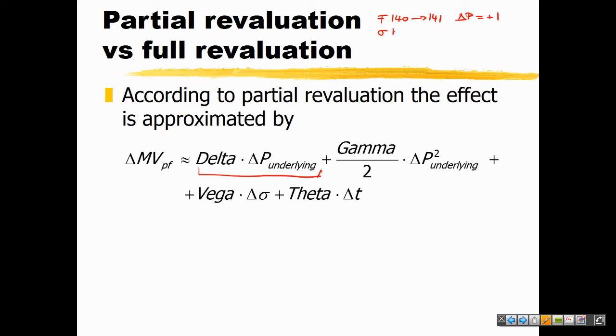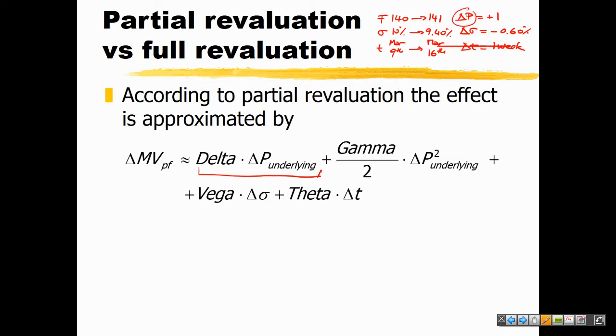Imagine you have volatility moving from 10% to 9.40%. So you have a delta sigma of minus 0.60%. Imagine you're moving, in terms of time, from March the 9th to March 16th. So you have a change in time of 1 week, okay?